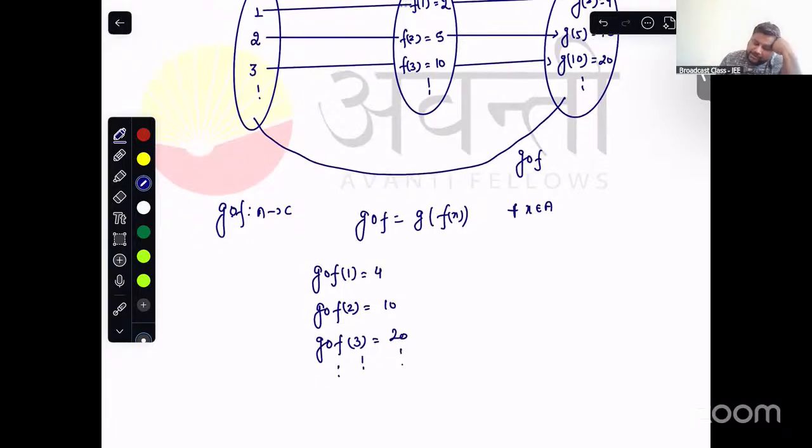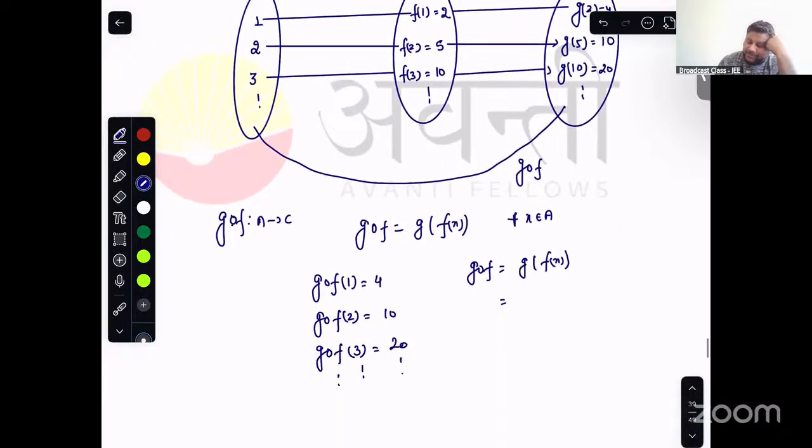Now, exactly what is gof? gof is g of f(x). Now, f(x) is what? f(x) is x square plus 1. That is g of (x square plus 1). Now, your g(x) was 2x. If you want to find g of (x square plus 1), that means replace x by x square plus 1. So, what do you get?